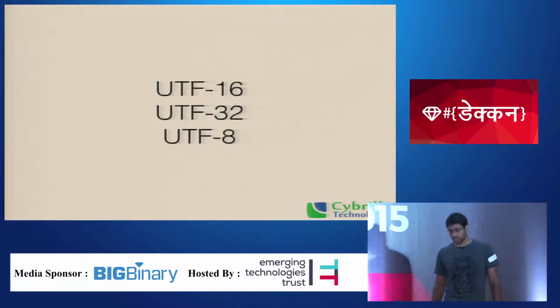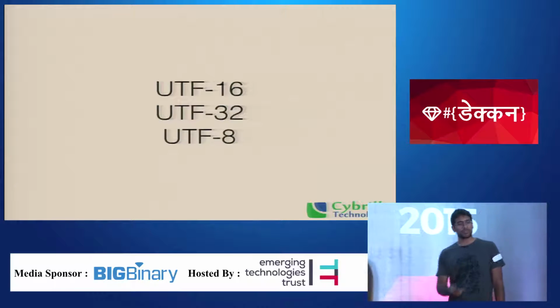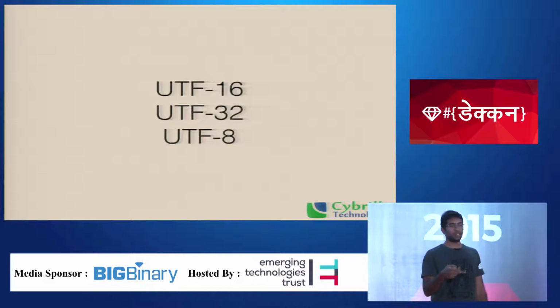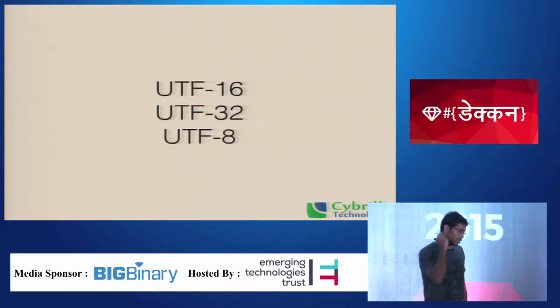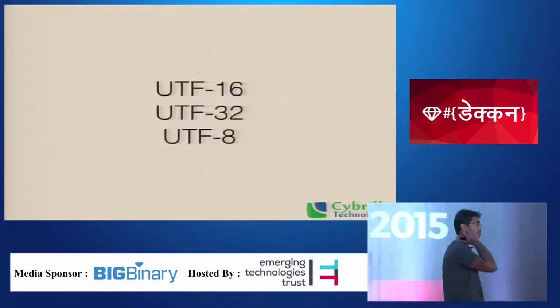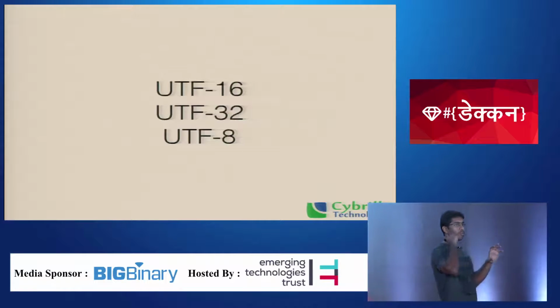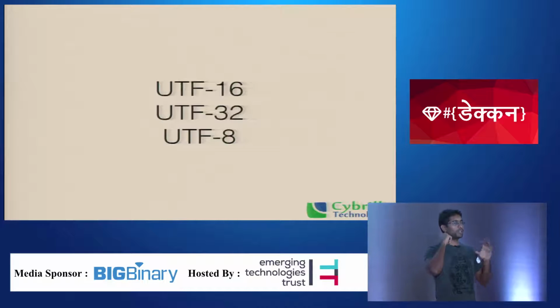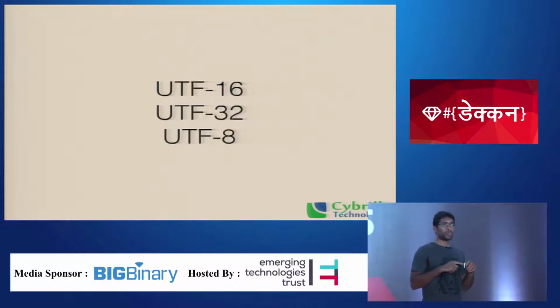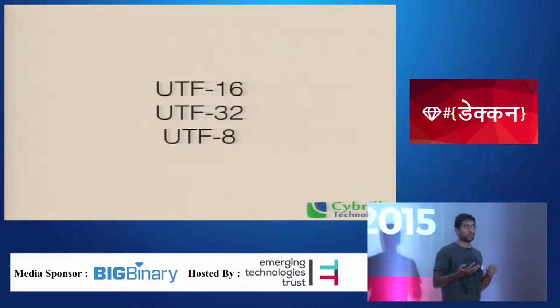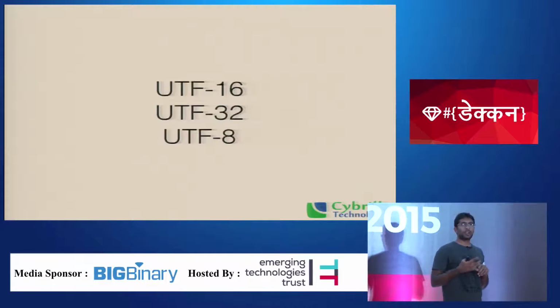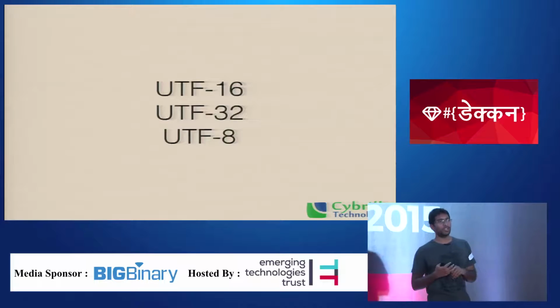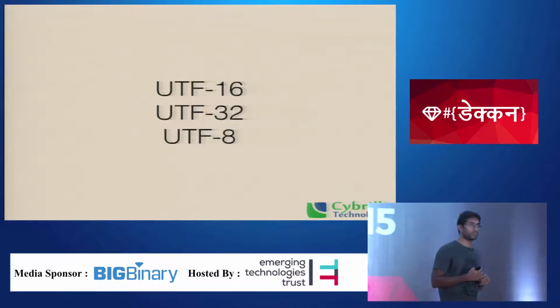UTF-16 is the one which was born first, then came UTF-32, and then UTF-8. There's an interesting thing you need to understand. When Unicode was born, it was not widely adopted immediately. That's because there were lots of English documents written using ASCII encoding.